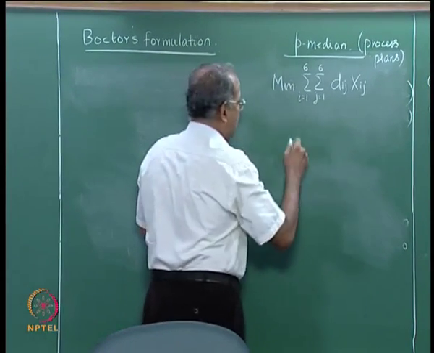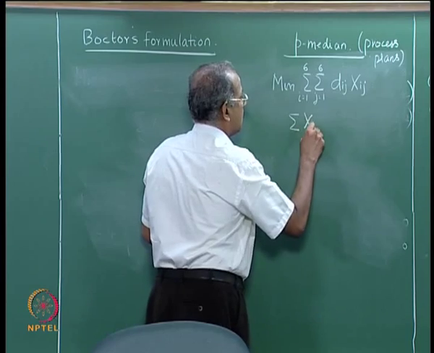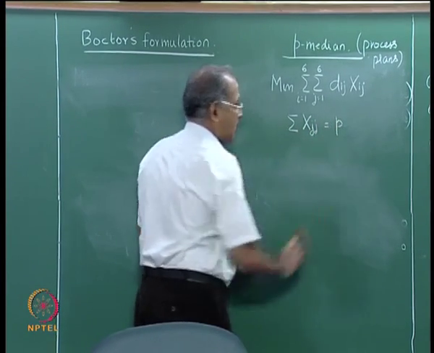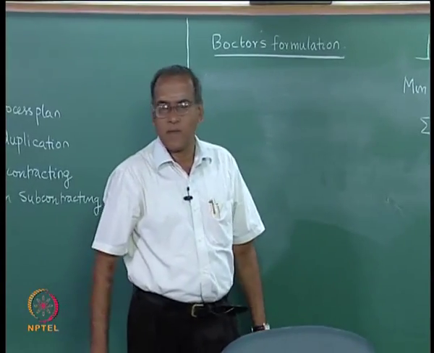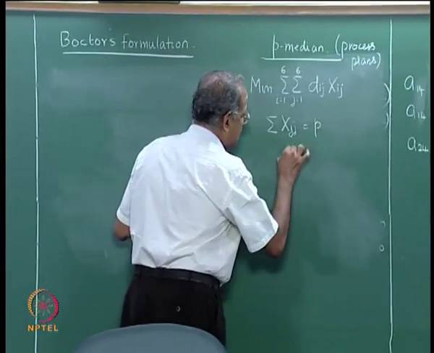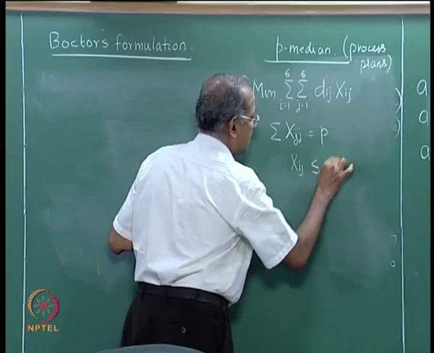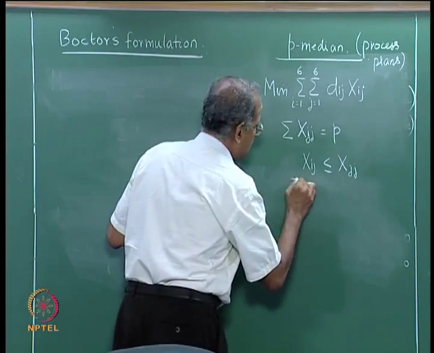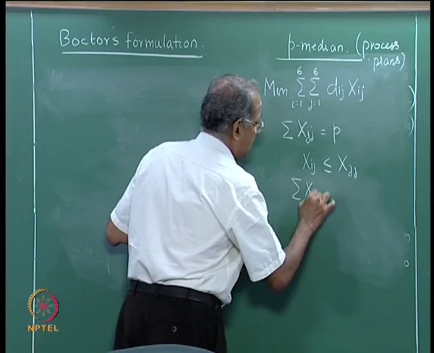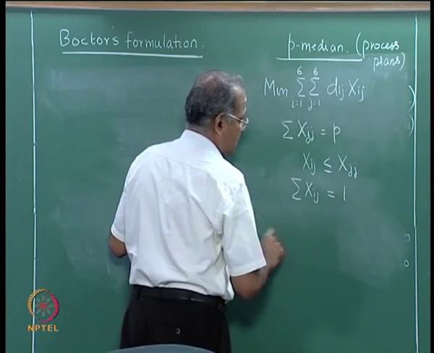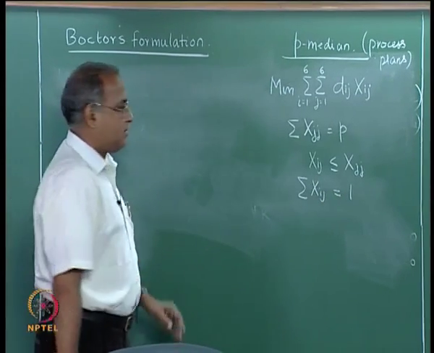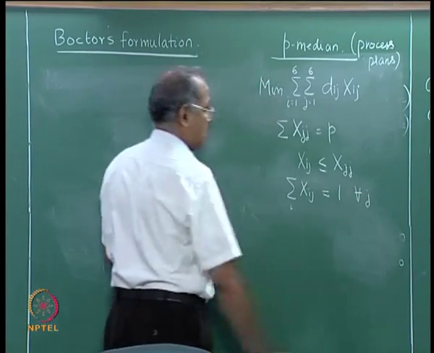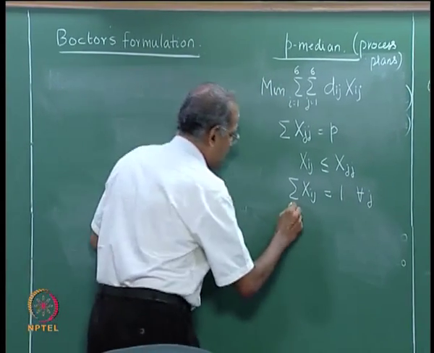Let us go back to the p median formulation. Sigma xjj equal to p, xij less than or equal to xjj, and sigma xij equal to 1 summed over j for every i.